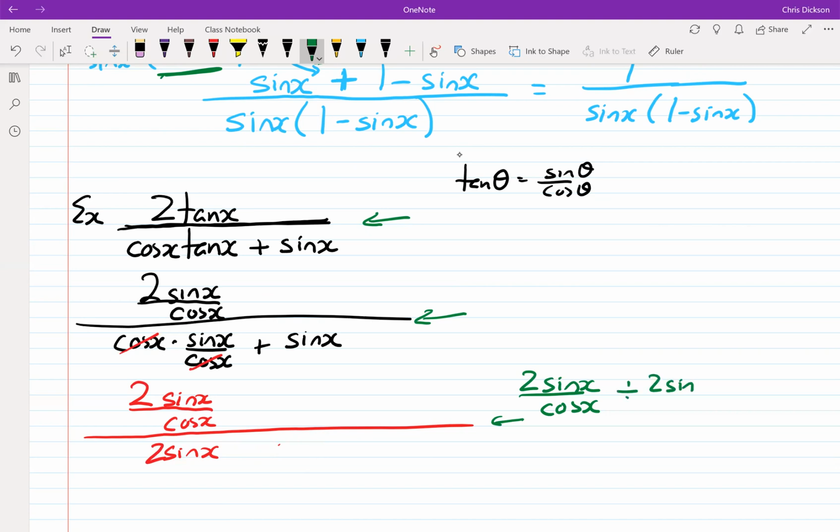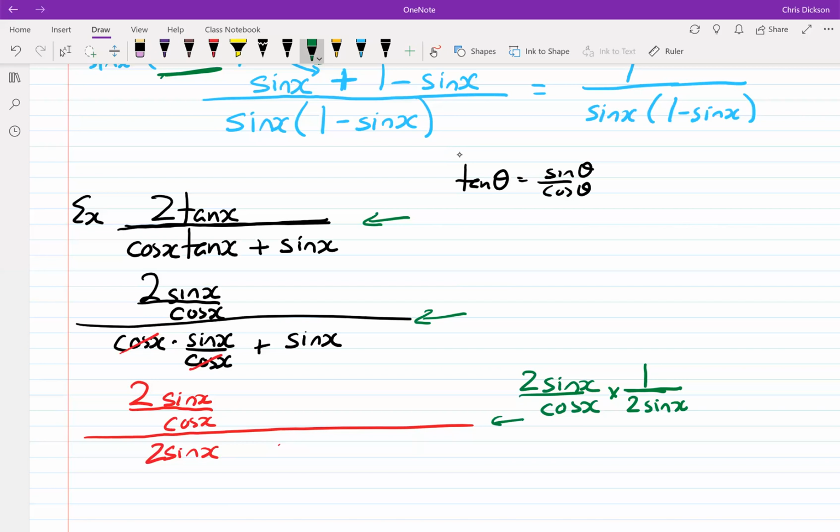But when we work with fractions, we really want to multiply by reciprocals. So I'm going to skip a step here. I think you guys can handle this. If I'm dividing by 2 sine x, that is the exact same thing as multiplying by the reciprocal, 1 over 2 sine x. When you divide by a number, it's the same as multiplying by its reciprocal.